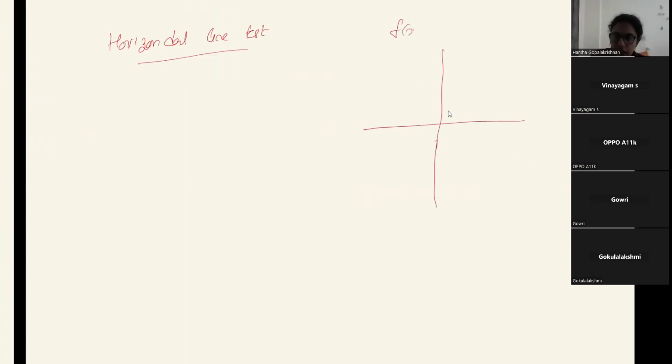So, this is the graph of f of x equal to x square. Okay. So, the question is, is this 1-1? Is the map f of x equal to x square a function? We can check the vertical line test. Each vertical line, if we draw, intersects exactly 1 point only. So, it is a function.